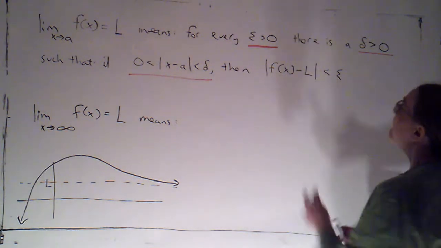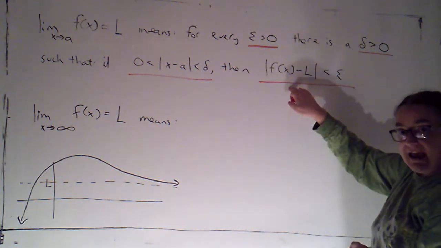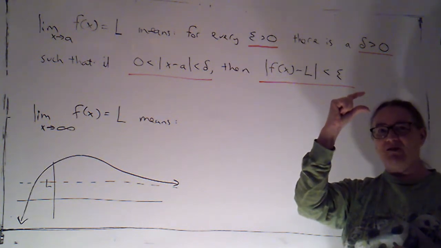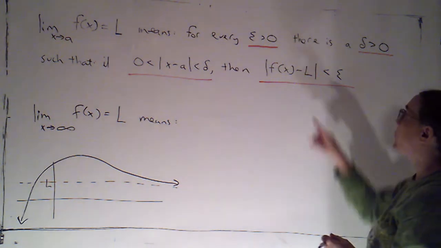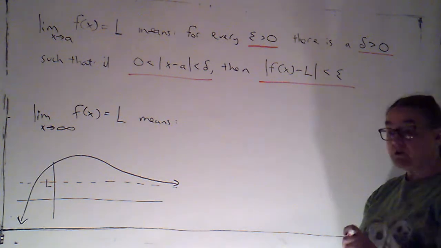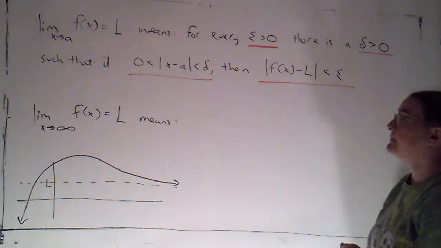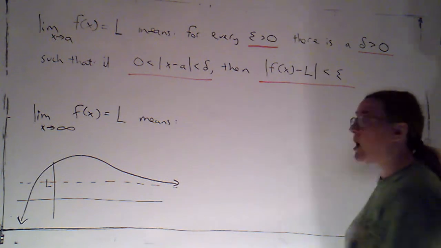Then, this says the distance between f of x and L, so that would be the vertical distance between my limit and the y value on the graph, is smaller than epsilon, so that the y value is close to L using epsilon as our standard of closeness.